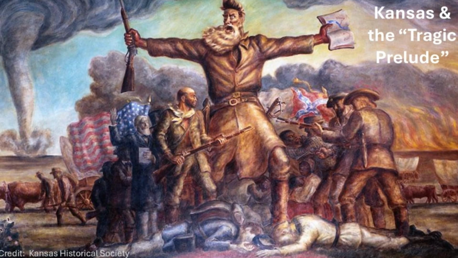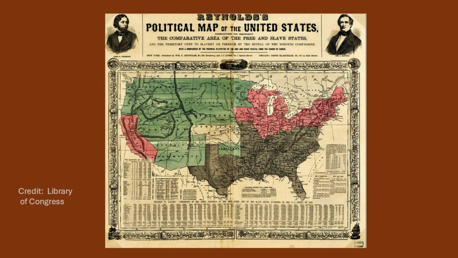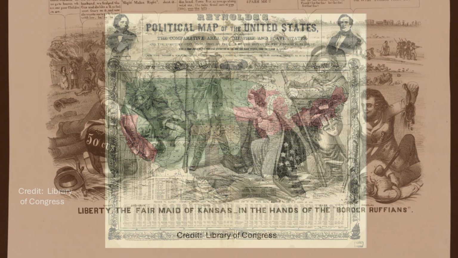The key issue was whether Kansas should be admitted to the Union as a free state or a slave state. It would affect the balance of power in the U.S. Senate, where there had been an equal number of senators from slave and free states. In 1854, a Congress deeply divided over the issue of slavery in the territories had approved the Kansas-Nebraska Act.